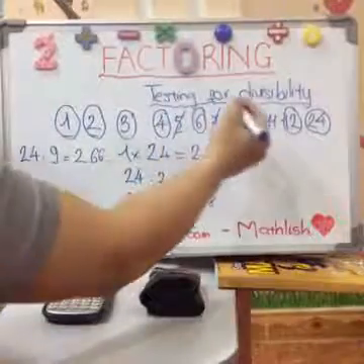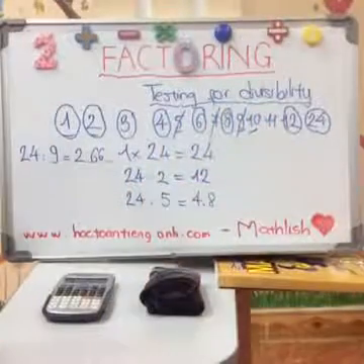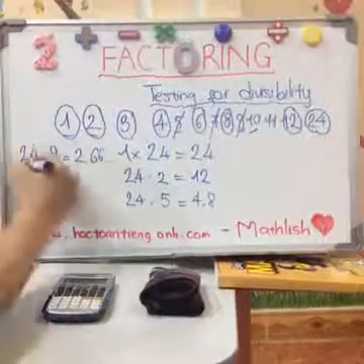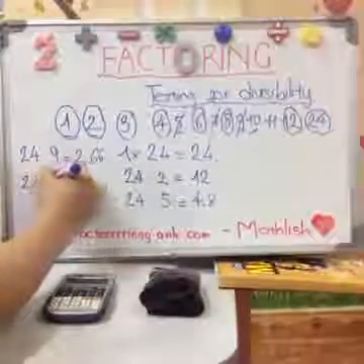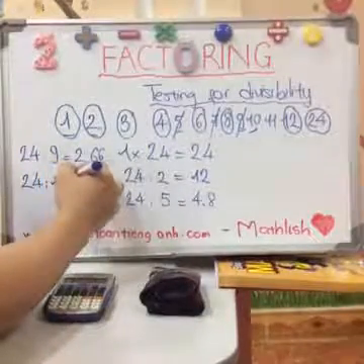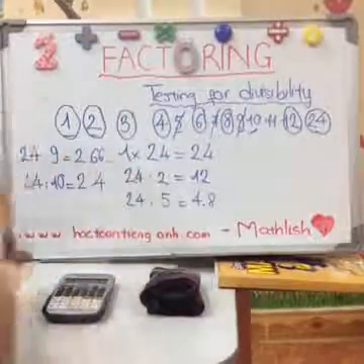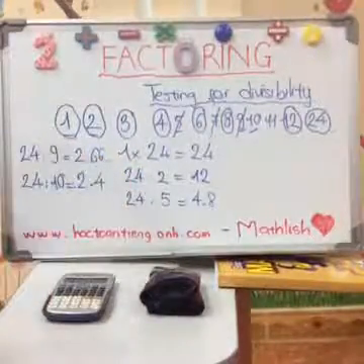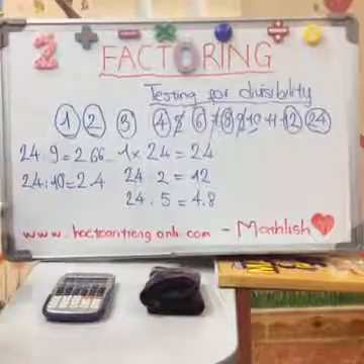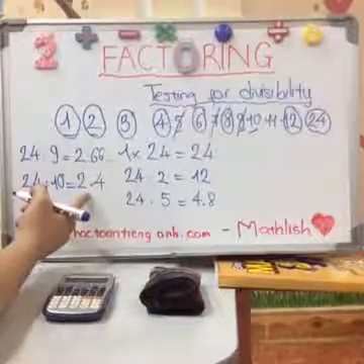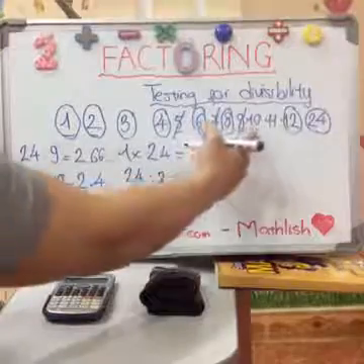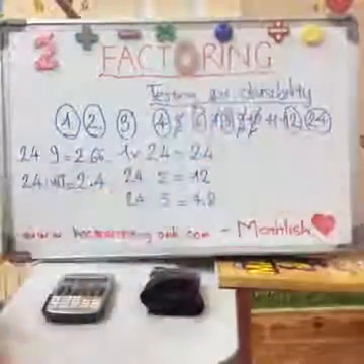Okay, how about 10? 24 divided by 10 equals 2.4. No, that's a decimal number. So 10 is not a factor.